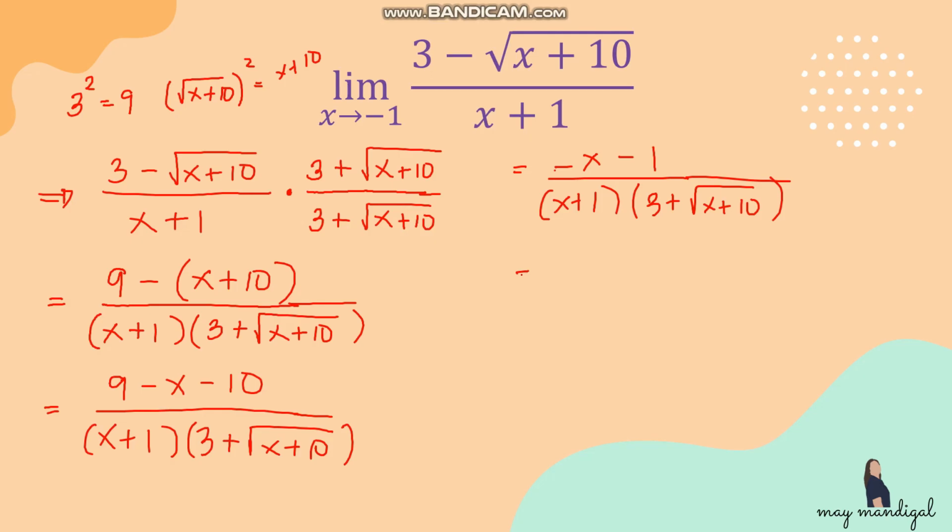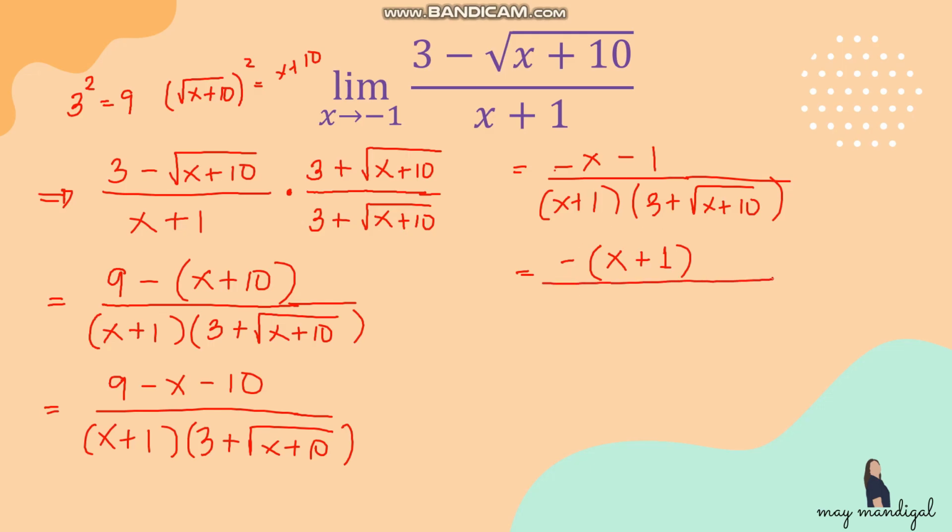Now what are we going to do next here? If you observe, we have here x plus 1, and the numerator is negative x minus 1. So we want to cancel something here. What you can do is go again to the numerator and factor out the negative 1. So it will become negative 1 times x plus 1. If you distribute this, negative x minus 1, it will be just the same as this.